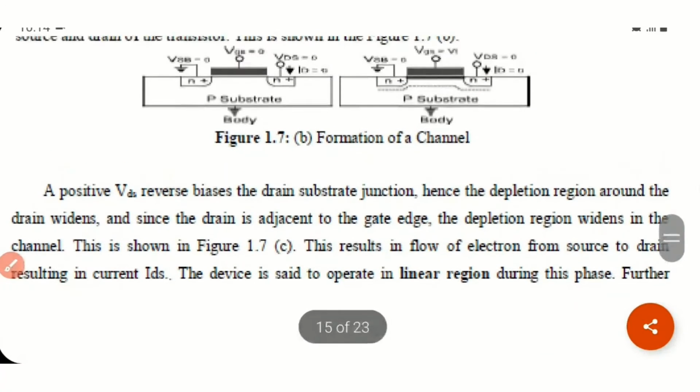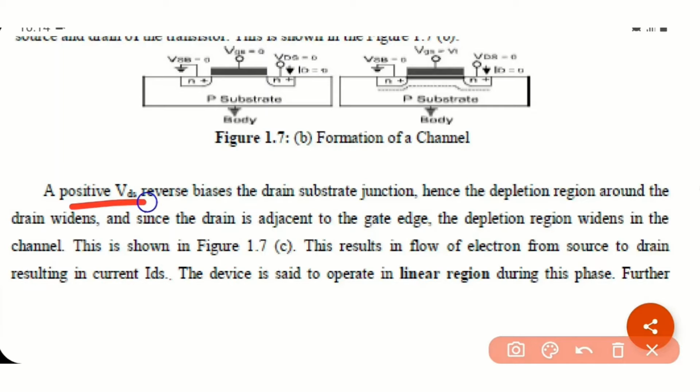A positive VDS reverse biases the drain substrate channel. Hence the depletion region at the drain widens, and since the drain is adjacent to the gate edge, the depletion region widens in the channel.